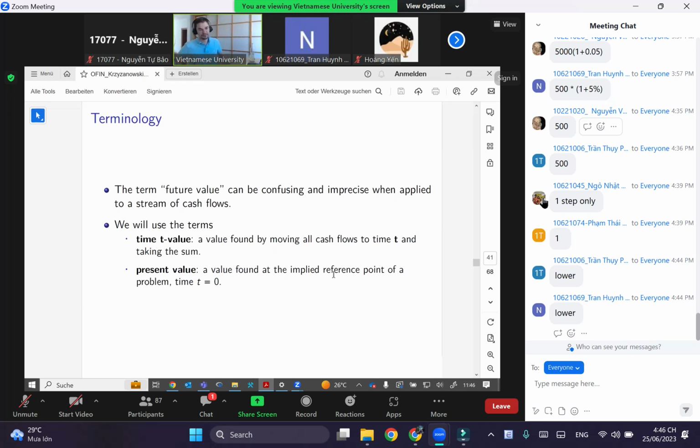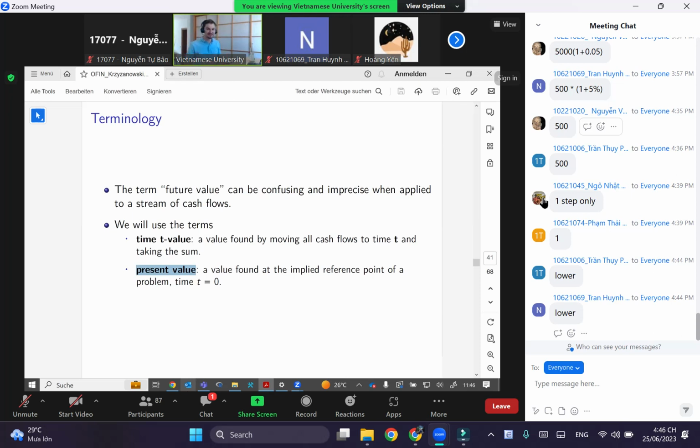Let me tell you a little bit more about terminology. When we talk about future value, this term might be a little confusing or imprecise. Therefore, when we talk about cash flows, we will use the following terminology. Present value, as already mentioned before, standing also for PV analysis, present value analysis, where you're analyzing the value at the reference time t equals 0. T equals 0 means today.